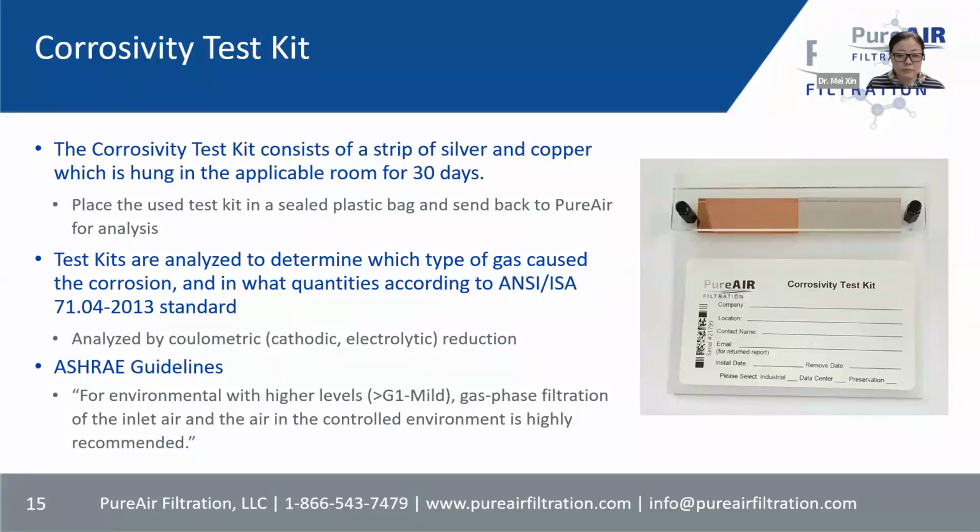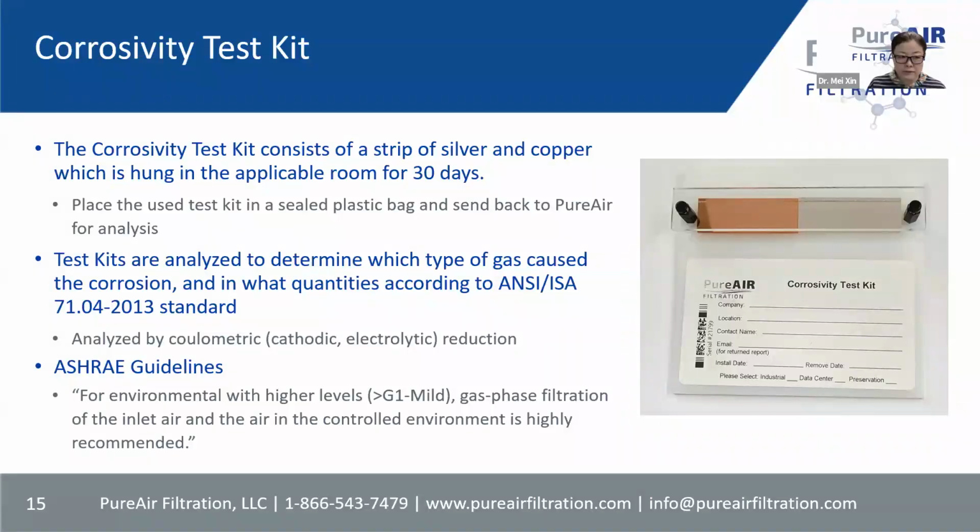Following the procedures will ensure the test results are valid. After you hang the kit for 30 days, you can take it off, seal it in a plastic bag, and send it back to PureAir for analysis. The test kits are analyzed to determine which type of gas caused the corrosion and in what quantities, according to the ISA standard.